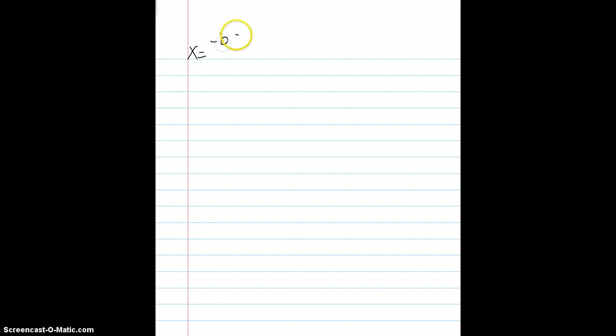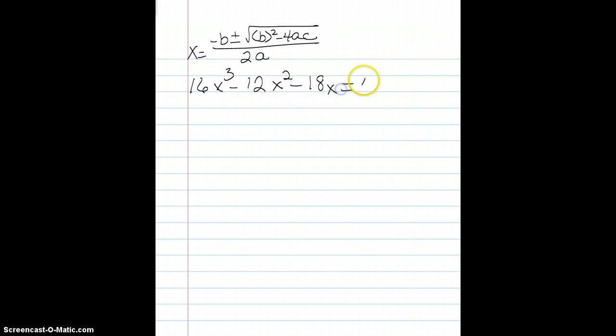Negative b plus or minus the square root of b squared minus 4ac all over 2a. And my problem is 16x to the third minus 12x squared minus 18x equals 0.